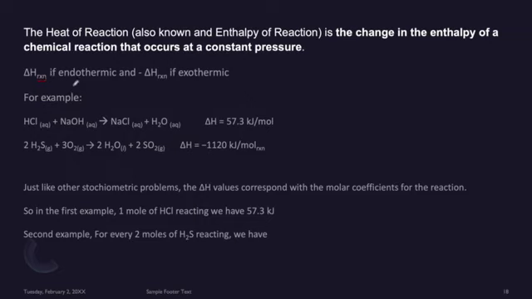If it's an endothermic reaction, this is how we're going to write it. If it's exothermic, because the energy is deducted from the system, we just write a negative delta H. Or a negative delta H tells us that it's exothermic. So here are two reactions.